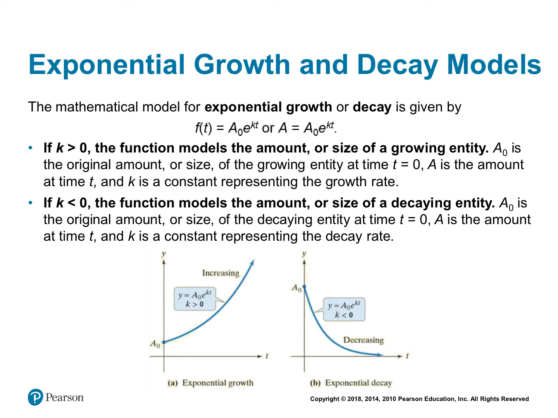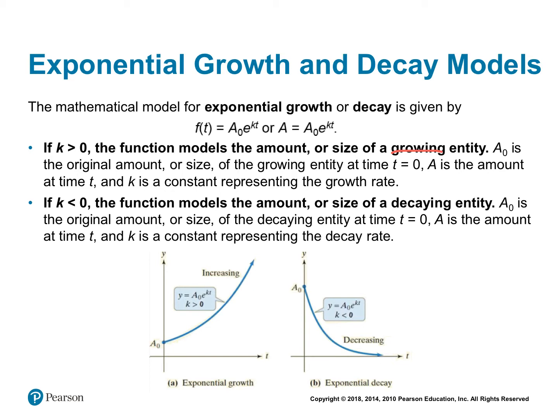So here are some visuals to help us. The mathematical equation for exponential growth or decay, you can use either one of these formulas. If k is greater than 0, then it's going to be talking about growth.